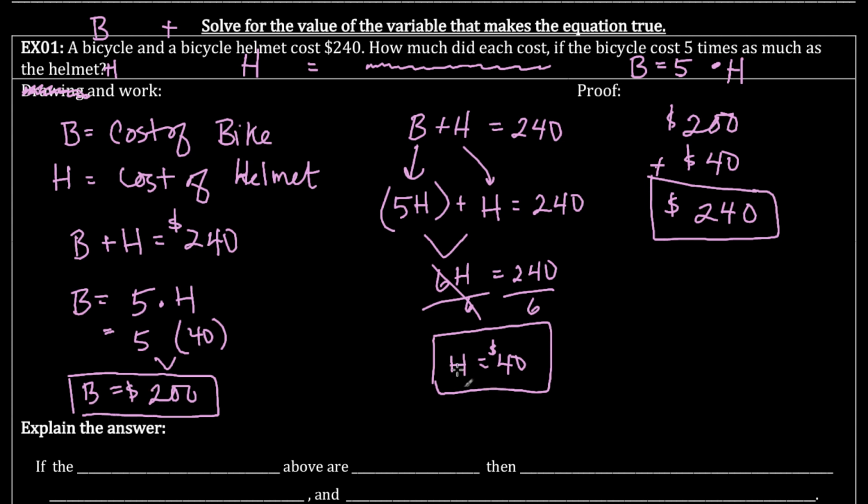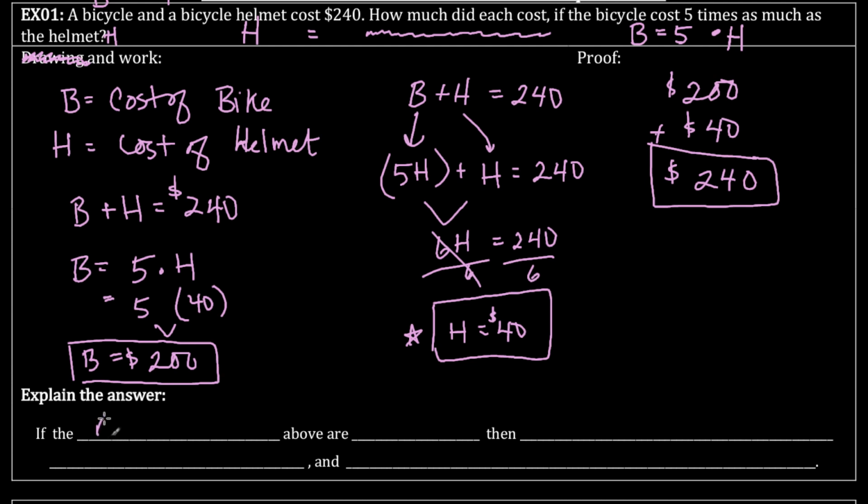If I get the price of the helmet right, I should get the price of the bicycle right. But if I did something wrong here, then this will also be wrong, but they will still add up to 240 probably. So just be careful. Make sure to get this first variable right.